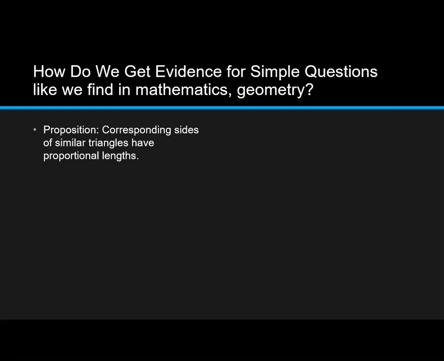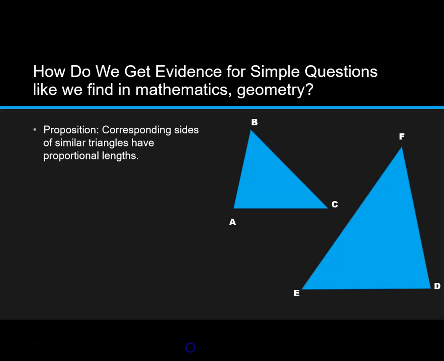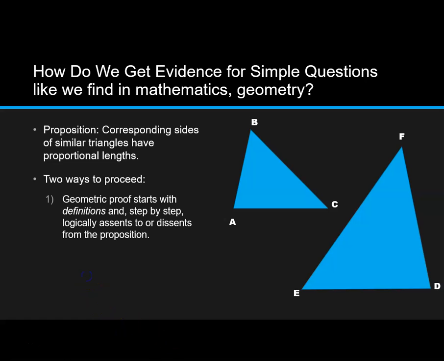So we see a proposition: corresponding sides of similar triangles have proportional lengths. There's an example of two similar triangles. There are two ways to proceed. First, you do a geometric proof. You start with a definition, and step by step, you logically assent to or dissent from the proposition.